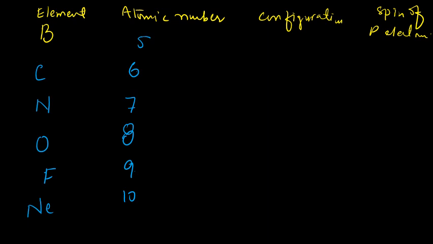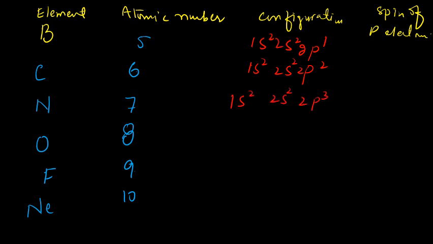Now we can write the electronic configurations. Boron has the electronic configuration 1s2, 2s2, and 2p1. Carbon has 1s2, 2s2, and 2p2. Nitrogen 1s2, 2s2, 2p3, and oxygen 1s2, 2s2, and 2p4.